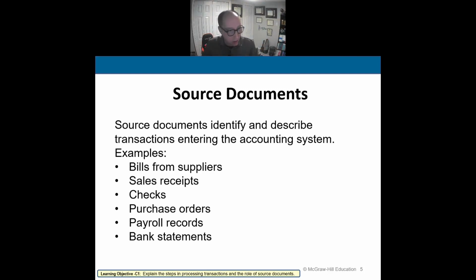Okay, a purchase order is something that the company would fill out to tell their suppliers, hey, supplier, I need to purchase a certain quantity of a certain product at this price. That's a purchase order. You send that purchase order to your supplier.